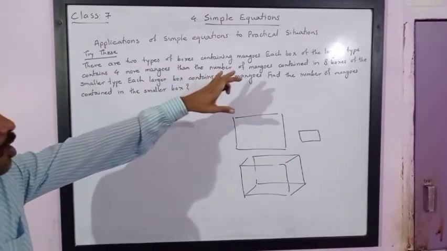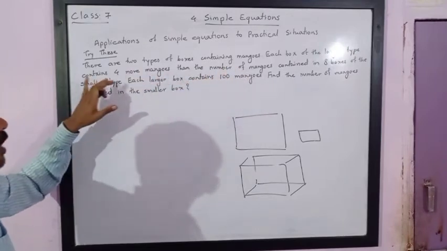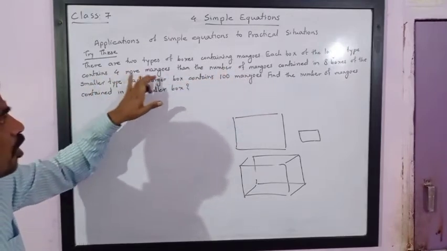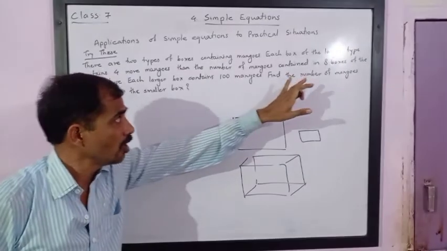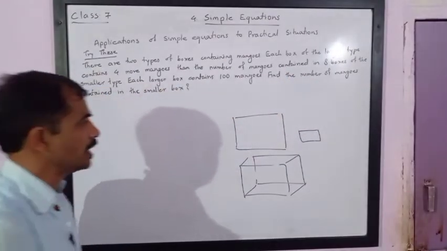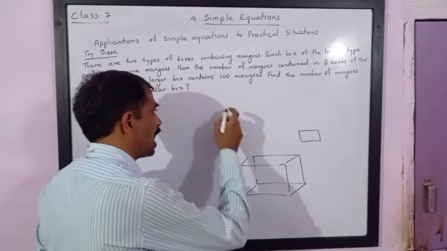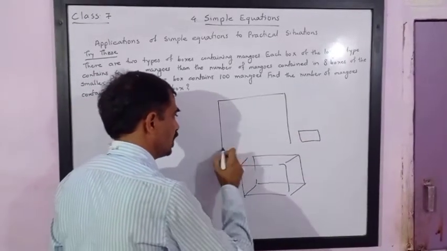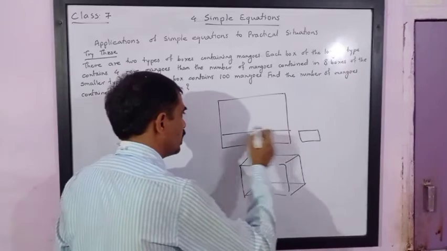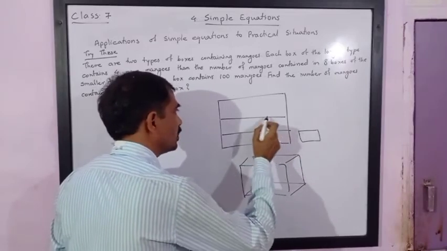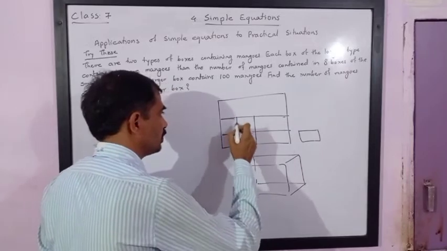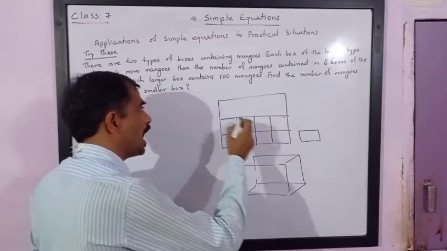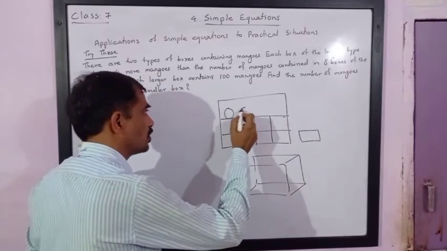Now each box of the larger type contains 4 more mangoes than the number of mangoes contained in 8 boxes of the smaller type. It means if you take the larger box, it contains the mangoes of 8 boxes of the smaller size and 4 more mangoes.